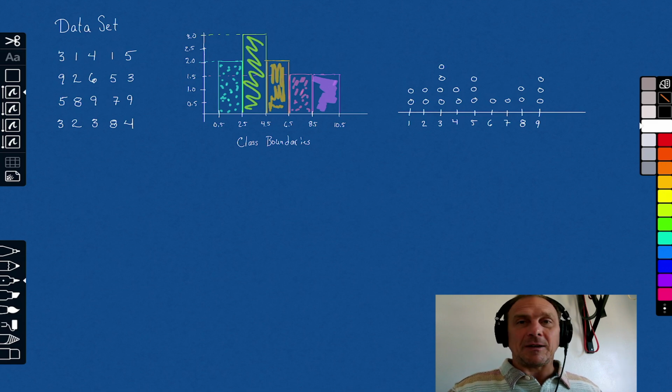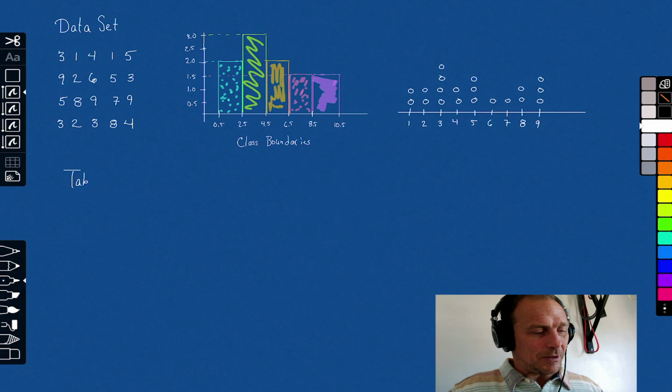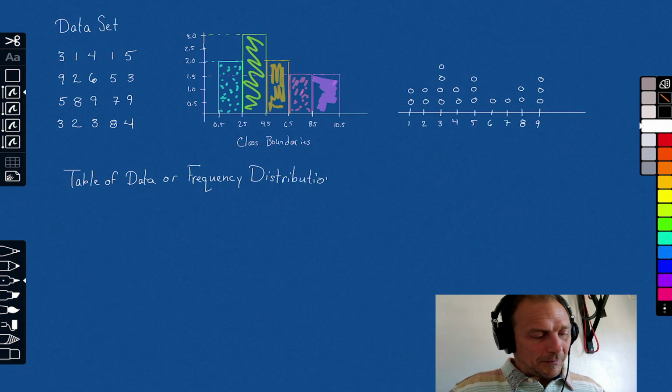But this tabular presentation is called the frequency distribution, table, data, or frequency distribution. Okay, that's our title for today.